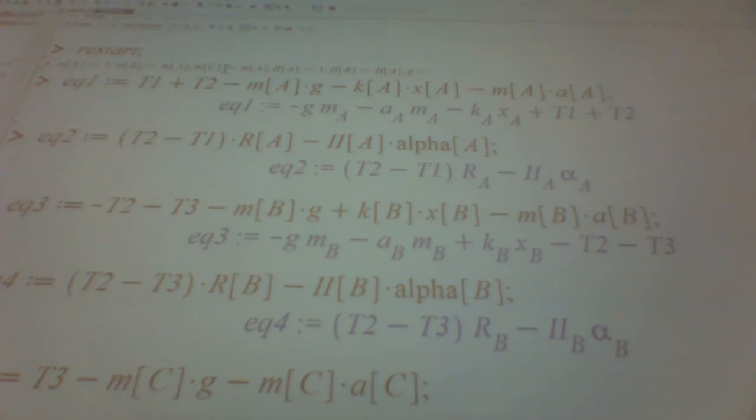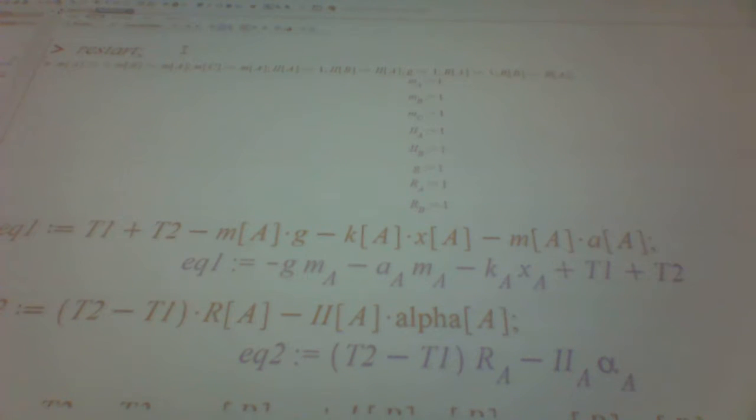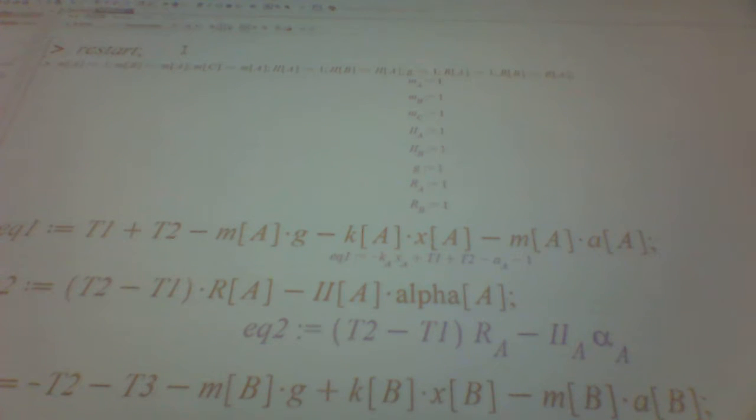G equals 1. R sub a equal to 1. R sub b equal to R sub a. Spring constants? Yeah, I forgot something. We didn't put k values in. K sub a equals... let's enter k values. I'm curious to see what happens with them. Sure. Then we can put values.